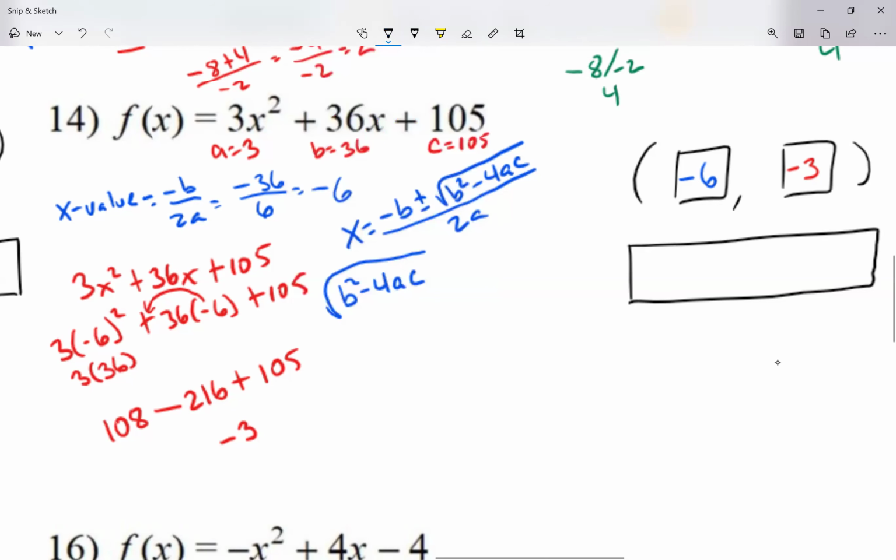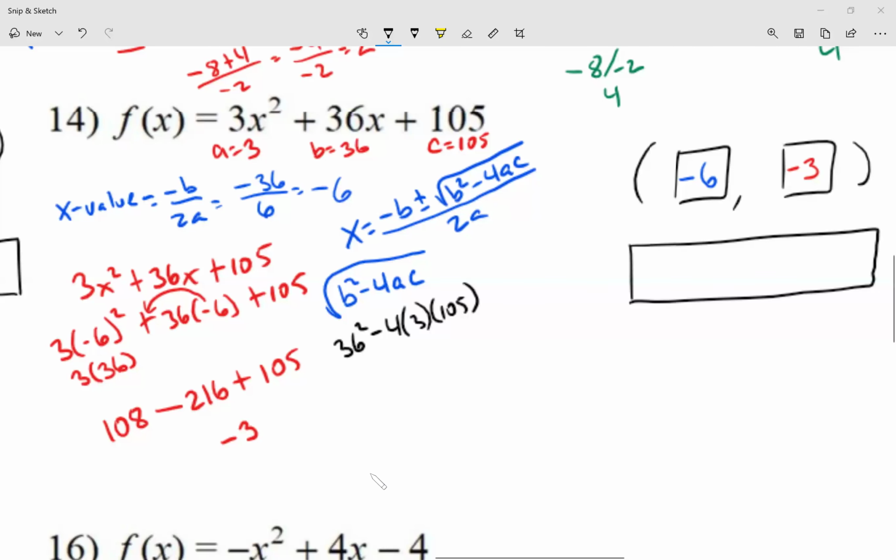So I'm looking at 36 squared minus 4 times 3 times 105. No problem. Use a calculator if you need to.